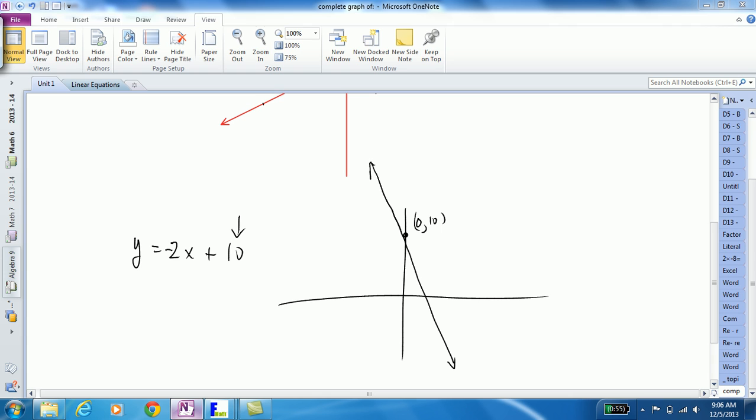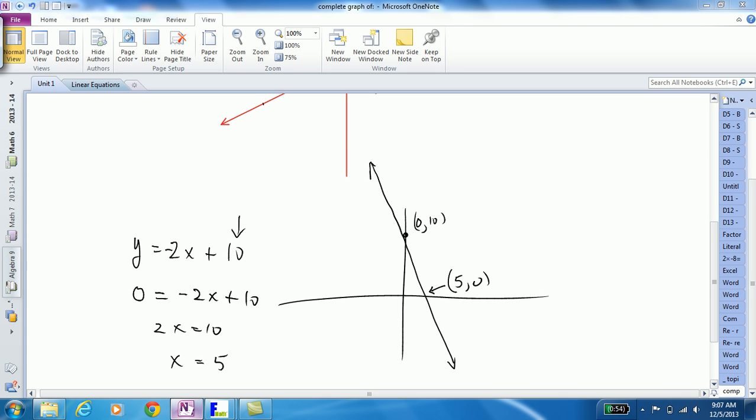It's falling. Even with a sketch graph, I'm interested in the x-intercept. When y equals 0, I get 0 equals minus 2x plus 10. So 2x equals 10, and x equals 5. So this is the point 5, 0. And you can check, does 5, 0 work?